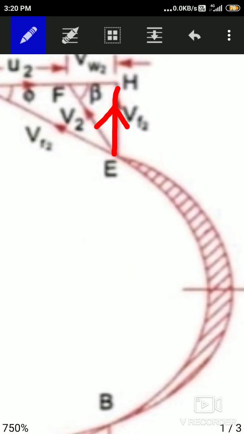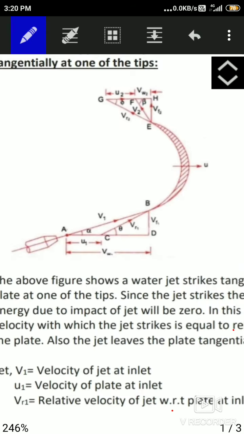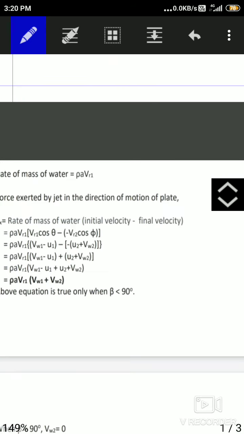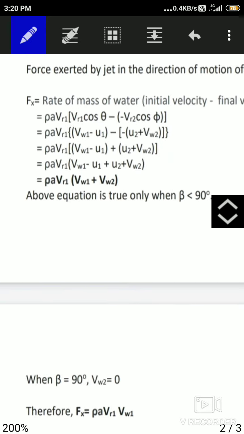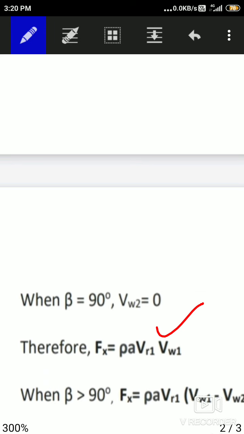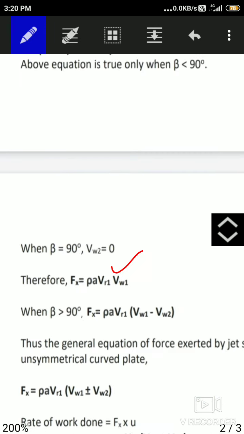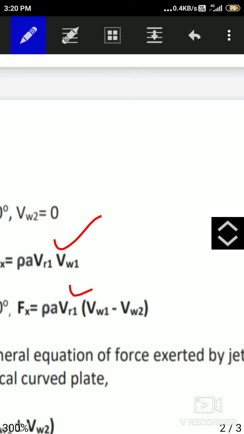So the final expression will change: Fx is equal to rho A VR1 VW1. Again, if beta is greater than 90 degrees, the equation will be rho A VR1 whole into VW1 minus VW2.